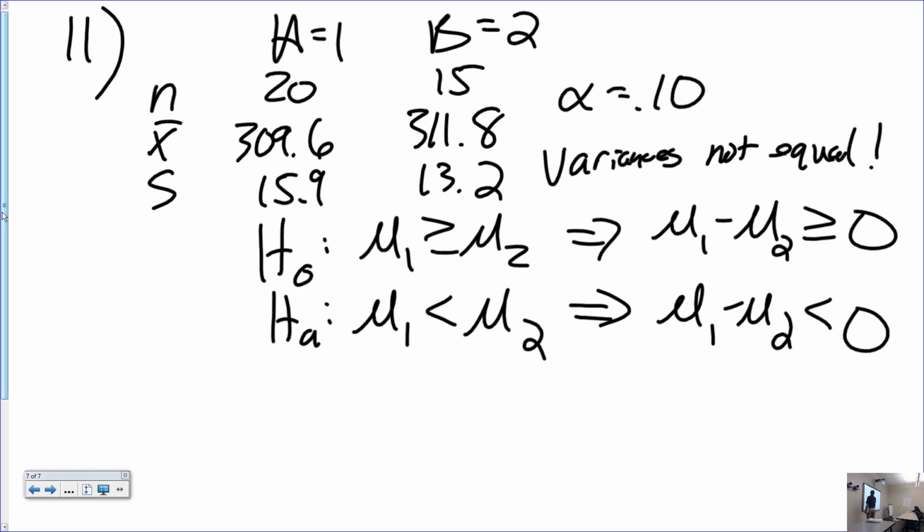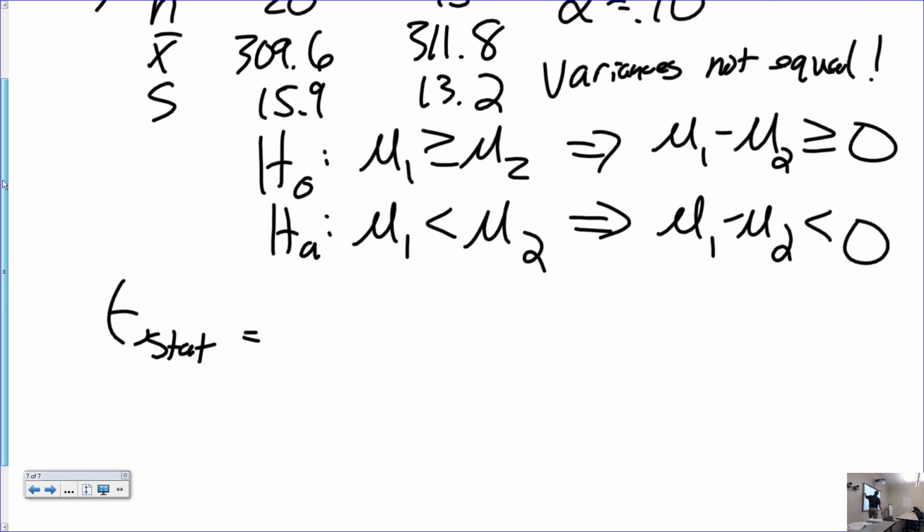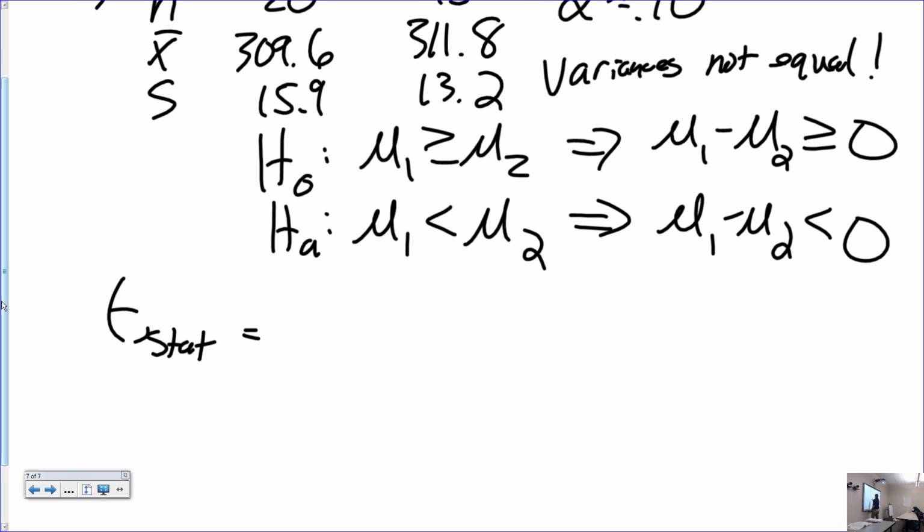Alright. So now we get to use the easy formula, the bad one, the one that's going to give us not as good of a study. So take the difference between your x bars. 309.6 minus 311.8.